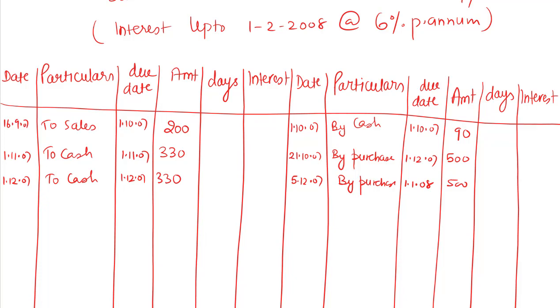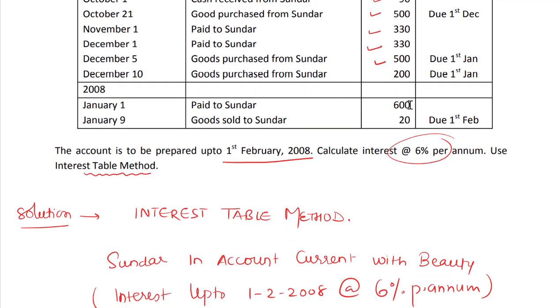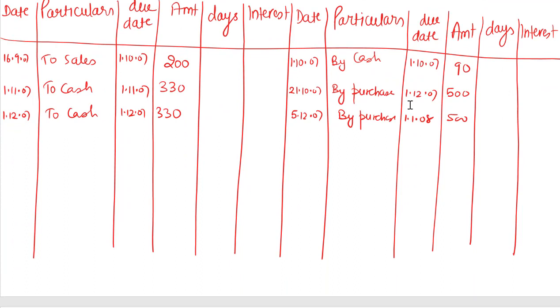I believe you understood this. Next, 10th December, goods purchased from Sundar 200. The due date is 1st Jan. 10th December 07, by purchases. The due date is 1st January 2008 and amount is 200.